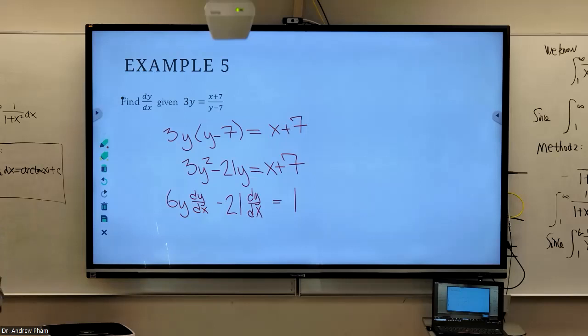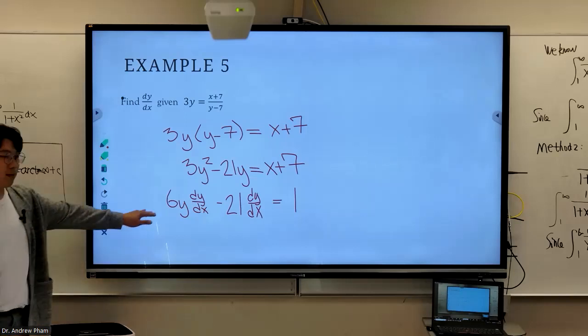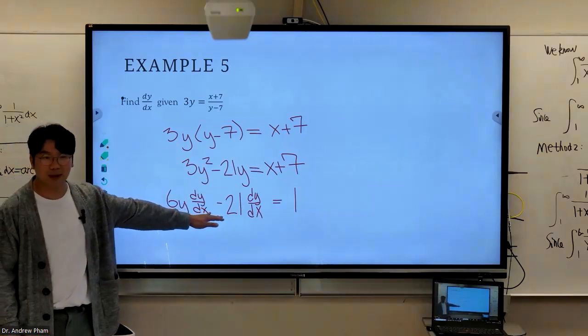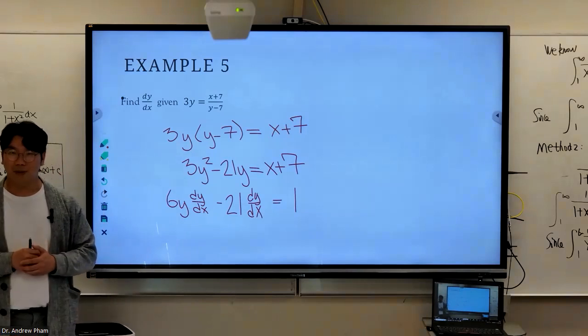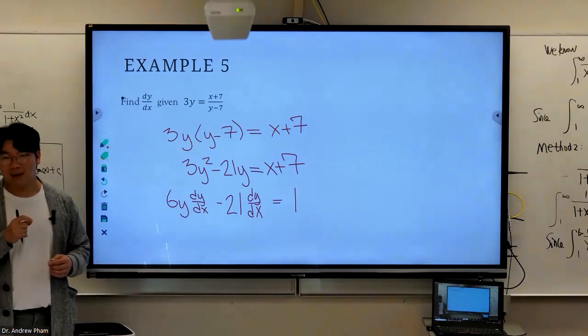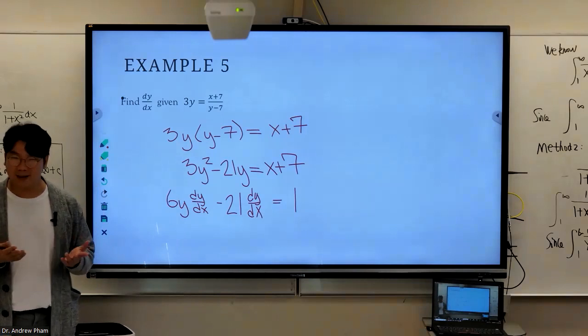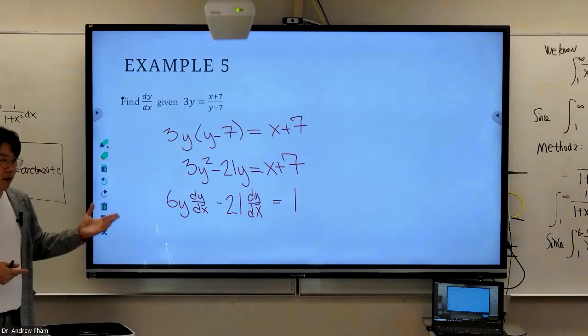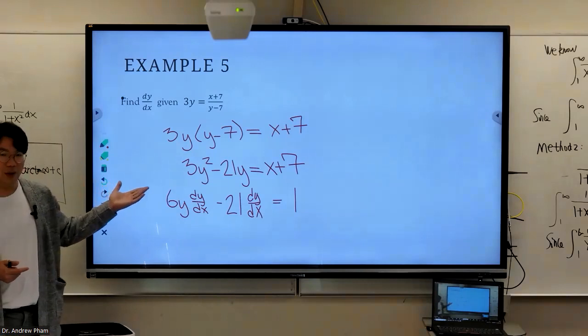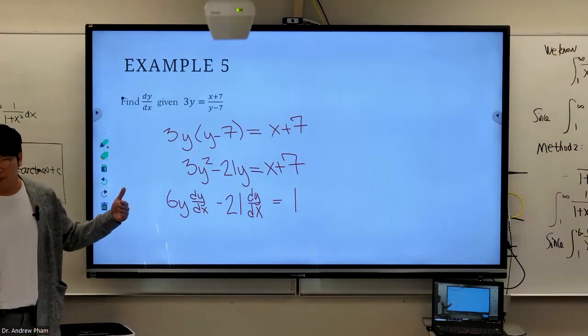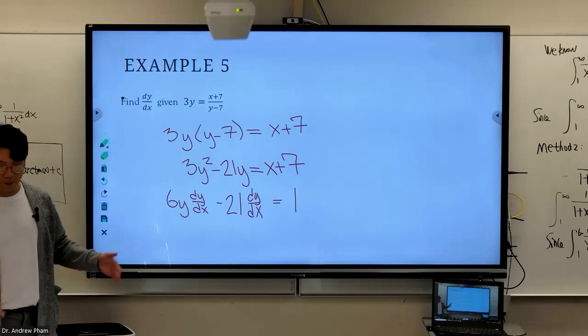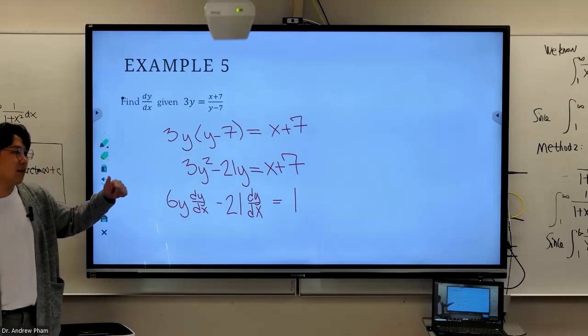We can't exactly combine them because this one has a 6y and this one's a 21. Yeah, we can take out any similarities. In other words, we can factor, right? Here I have two different dy dx terms. I only want one in the long run. Both of these are saying times dy dx.